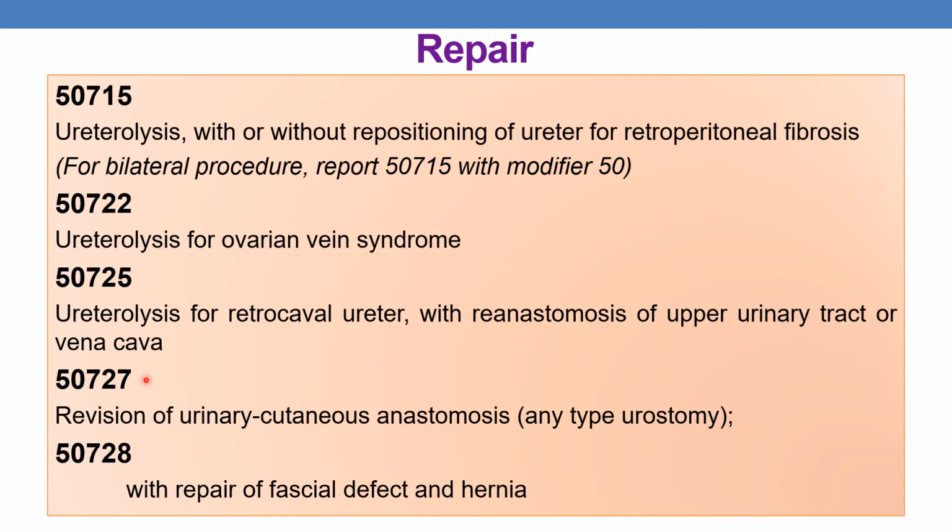The next is 50727, revision of urinary-cutaneous anastomosis, any type of ureterostomy. The next is 50728, revision of urinary-cutaneous anastomosis with repair of fascial defect and hernia.